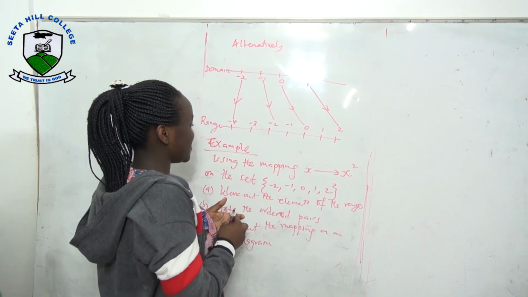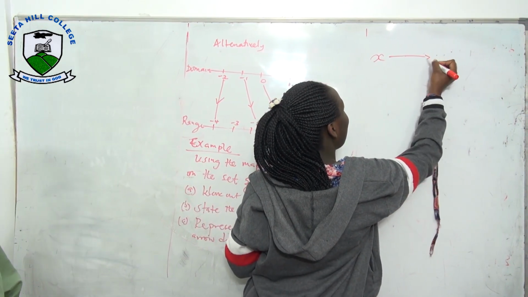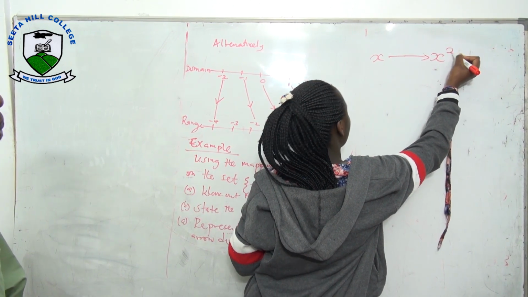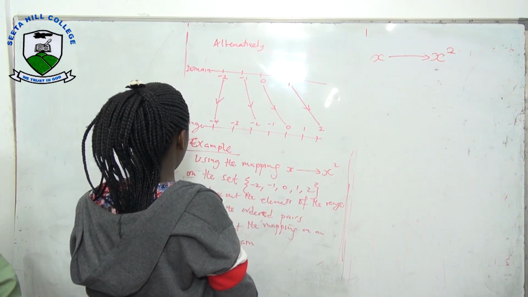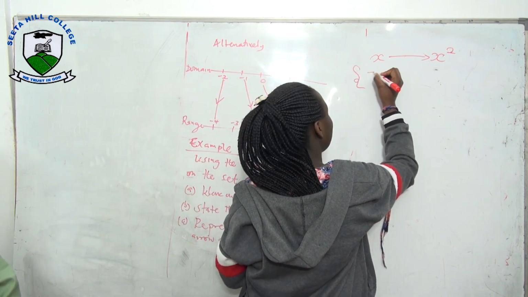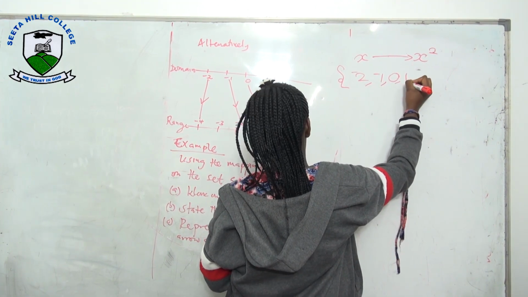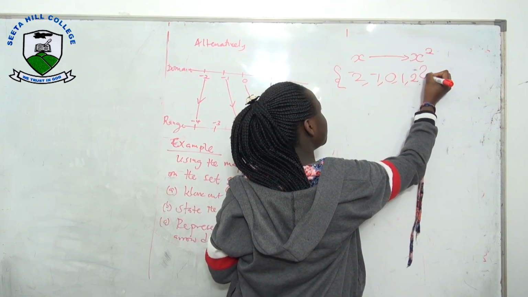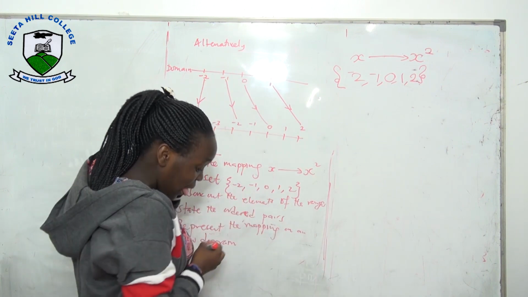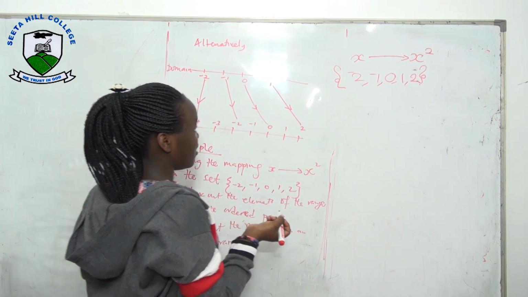The question says this is the mapping x represents x squared on the set -2, -1, 0, 1, and 2. Work out the elements of the range.